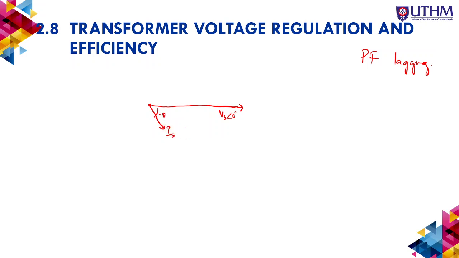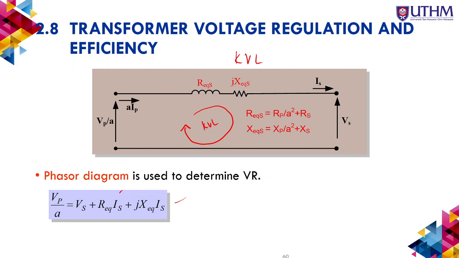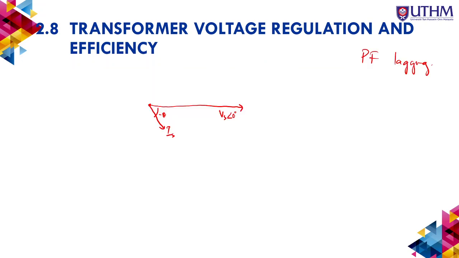What components do we have? We already have Vs, and then we put here Is multiplied with Re. This is just to show the angle, the phase.